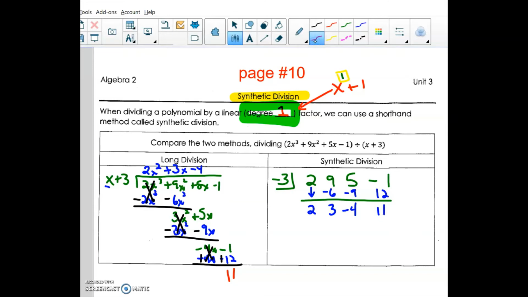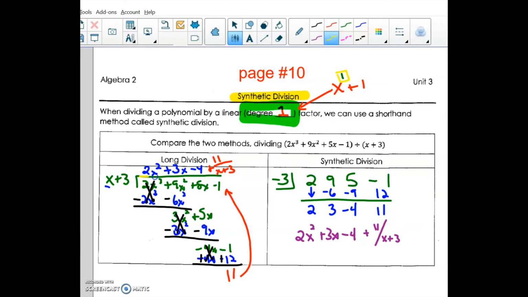And we reduce the polynomial by a single degree, which is going to give us 2x squared plus 3x minus 4 plus the remainder 11 over x plus 3. And what I had forgotten to do on the left-hand side is just bring the remainder up.